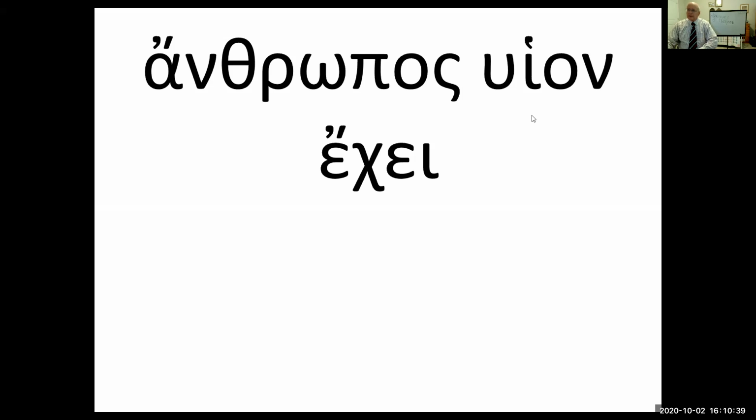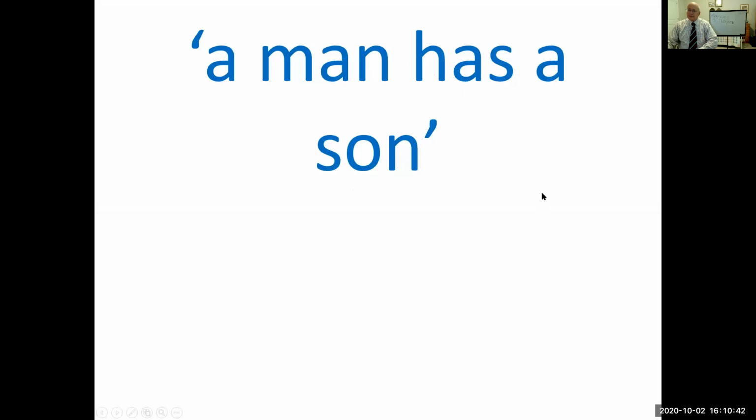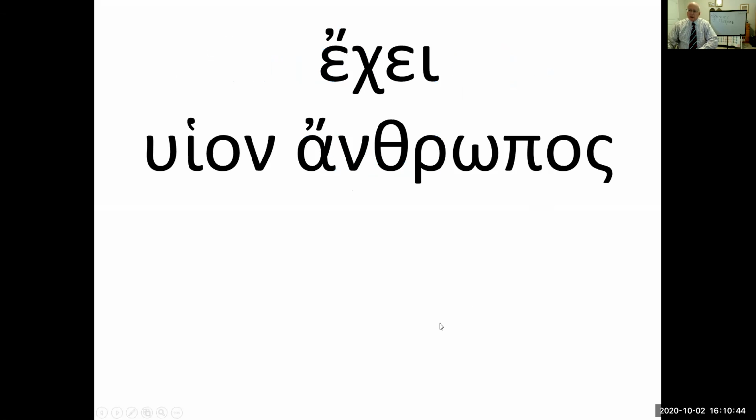A man has a son. If I have eche, huion, anthropos, what I need to know about Greek is that it means exactly the same thing as before. The word order does not change the meaning. Why?